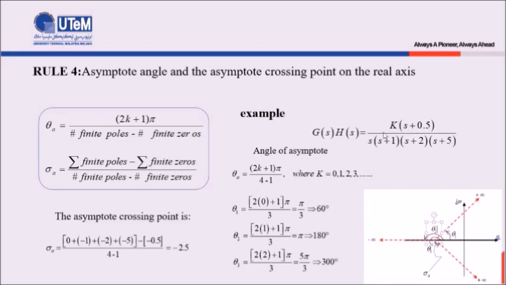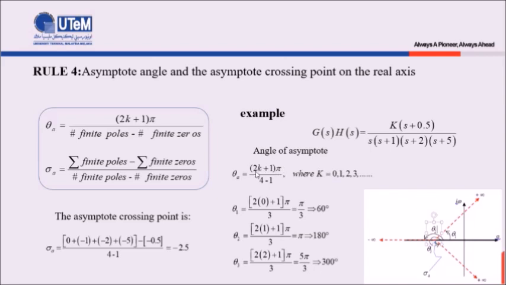The number of zeros, by referring to this transfer function, is only 1, where the location of the zero is at s equal to minus 0.5. So we put the number of zeros as 1, and then substitute the value of k.